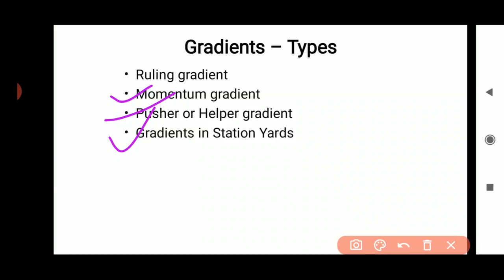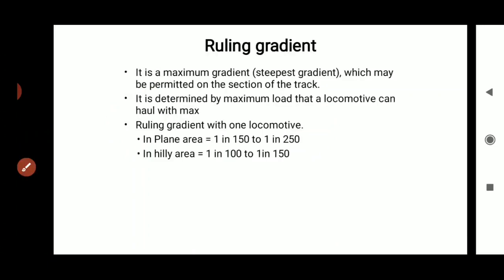So for these purposes, the gradient is provided in the railway track. Next we will discuss these gradients one by one. The first one is the ruling gradient. The ruling gradient is the maximum gradient which may be permitted on a section of the track.